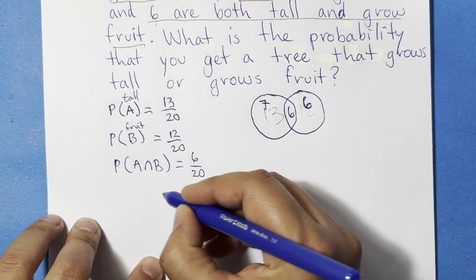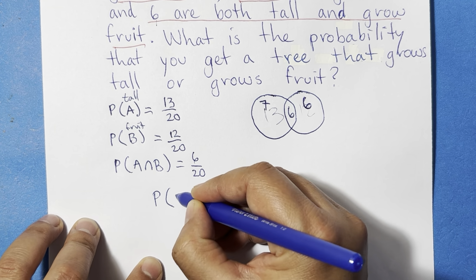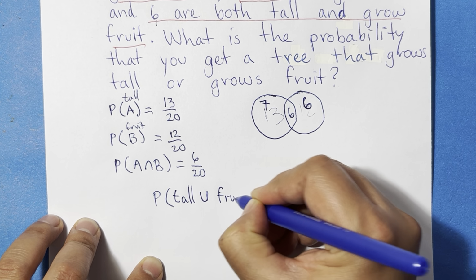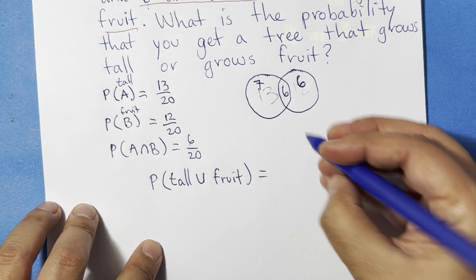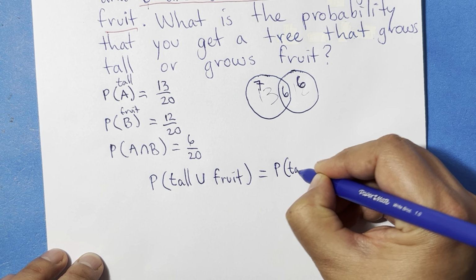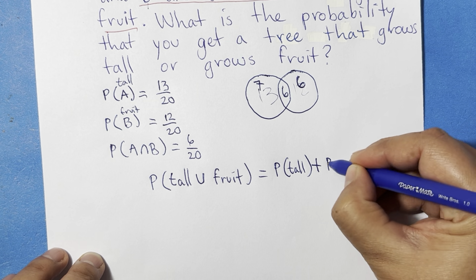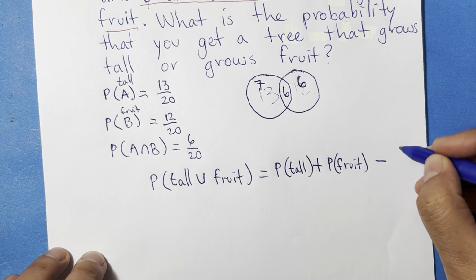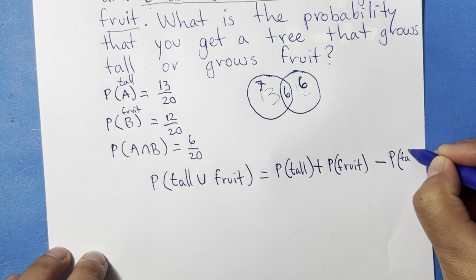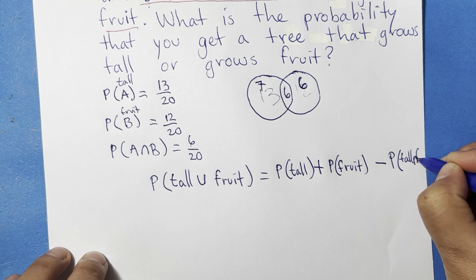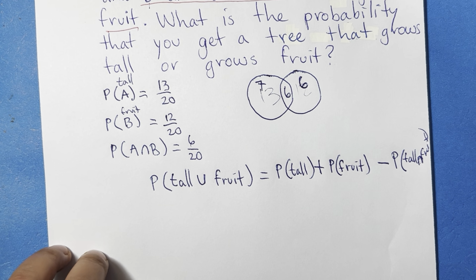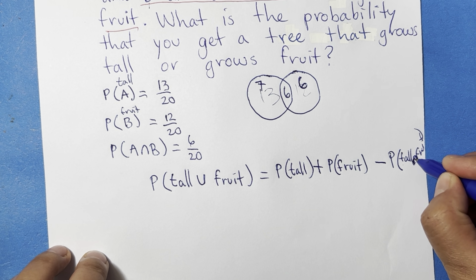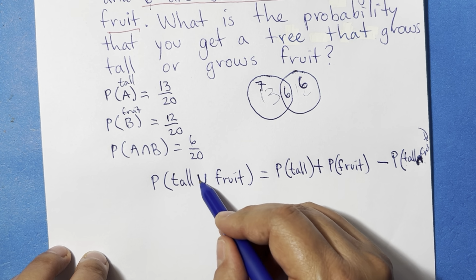So for the formula, it's the probability of event A, or let's put tall, or you have fruit, is equal to the probability of it being tall plus the probability of it giving fruit minus the probability of both tall and fruit. Sorry that it's a little crowded. Okay, tall and fruit. Remember that this is "and" and this is "or."